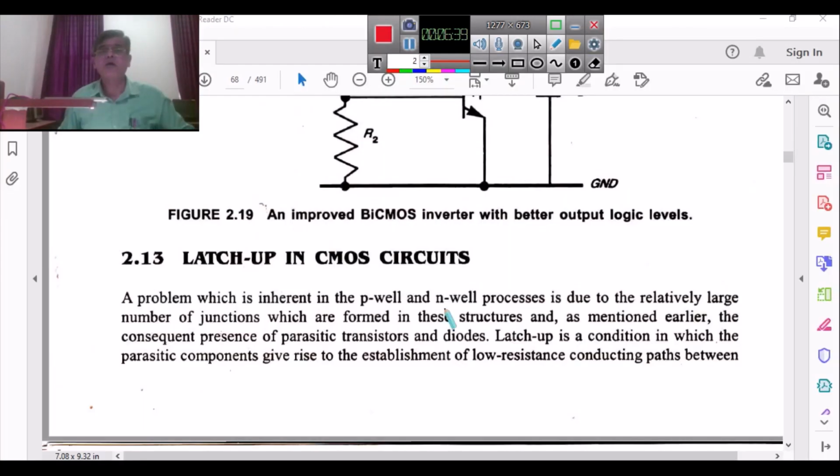Okay, students, now we'll consider the latchup in case of CMOS. First, what is latchup and why does latchup occur?